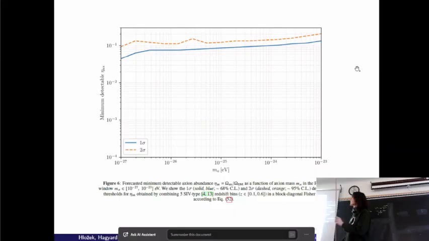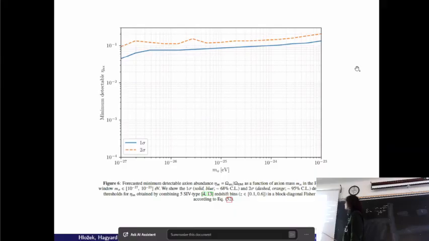And what we found is that for axions of about 10 to the negative 27 electron volts, the minimum mass that would be detectable would be around 10 to the negative 2 to 10 to the negative 1, on that order. Specifically, it's like 9% with a 95% confidence level.